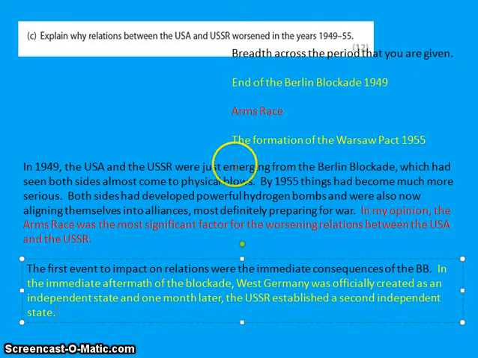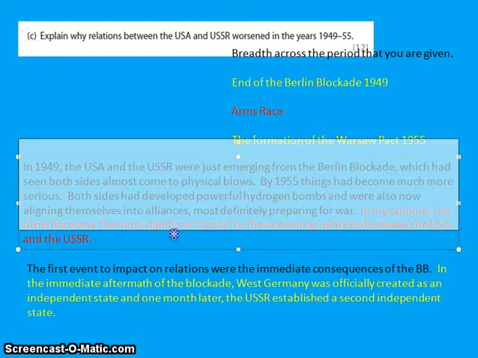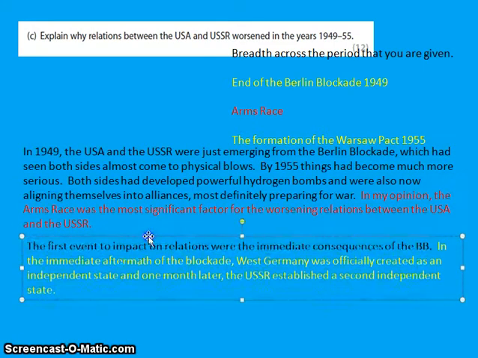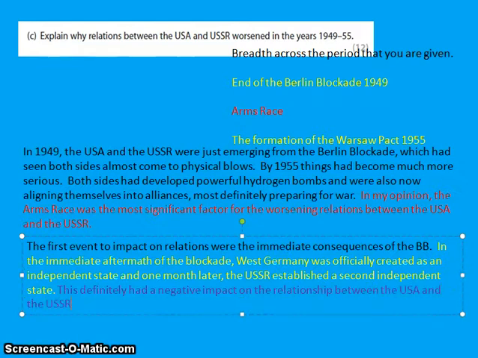Now, the majority of marks on this paper are for your explanation, so it's really important that we explain how the formation of these two separate states led to the worsening of the relationship. Okay, so we might say that this definitely had a negative impact on the relationship between the USA and the USSR, because it permanently divided the two sides.